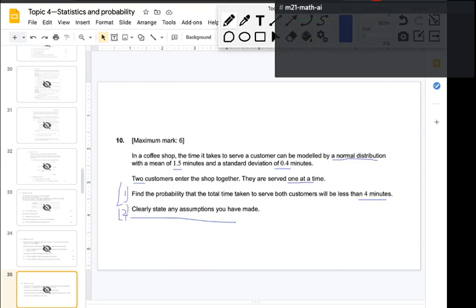The probability that it will take less than 4 minutes means you have to consider two customers. Which distribution do we use?